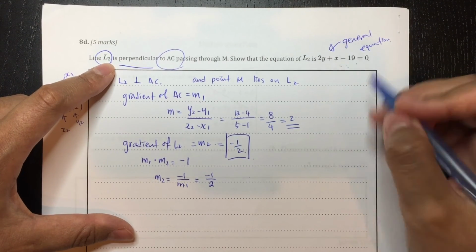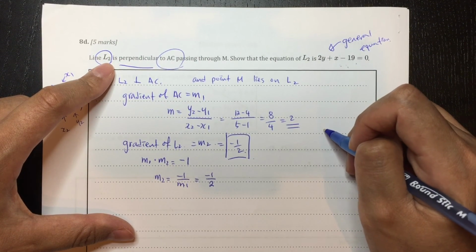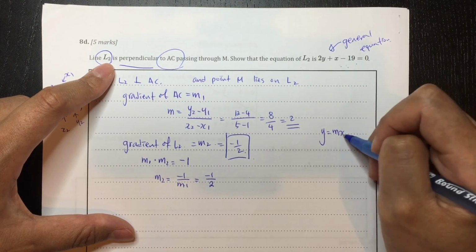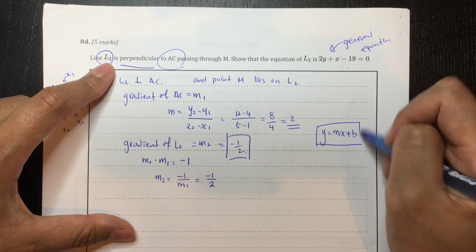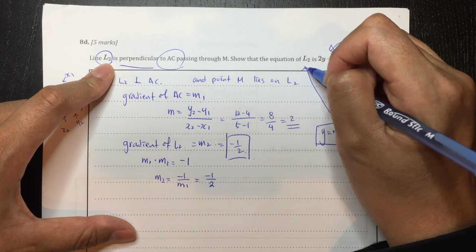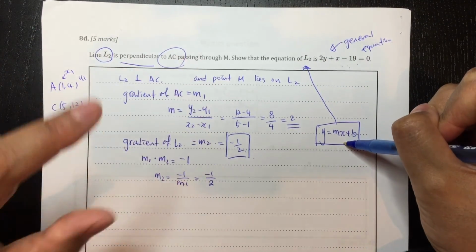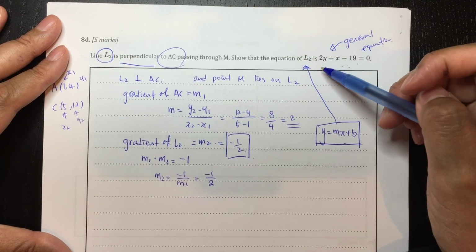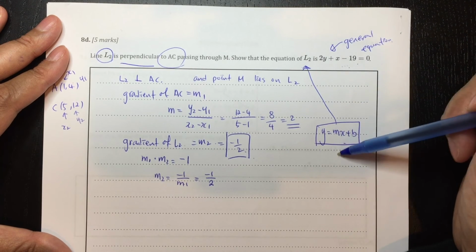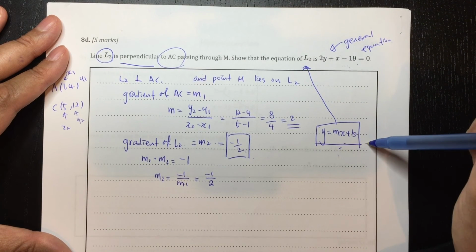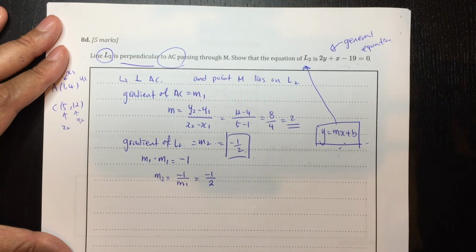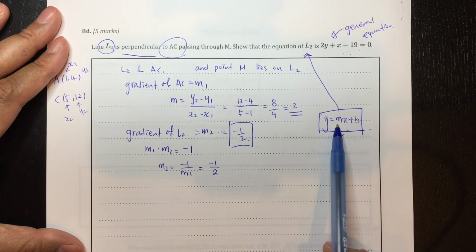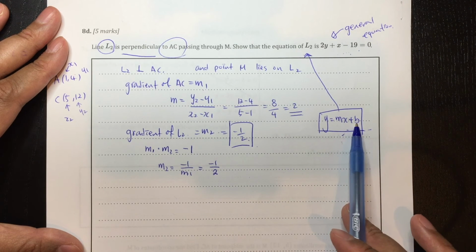If we can come up with the gradient-intercept form, y equals mx plus b, for line L2, then we can show that L2 is this, because we can simply convert the gradient-intercept form to the general equation. We now have the gradient m, so we need to solve for b.